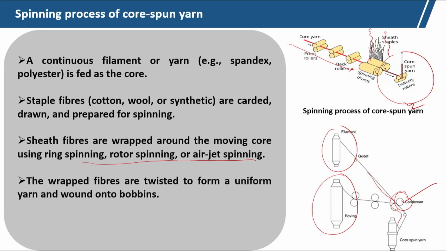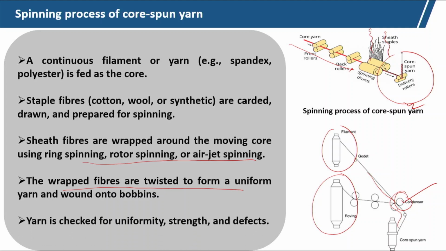The wrapped fibers are twisted to form uniform yarn and wound on a bobbin. Then the yarn is checked for defects.